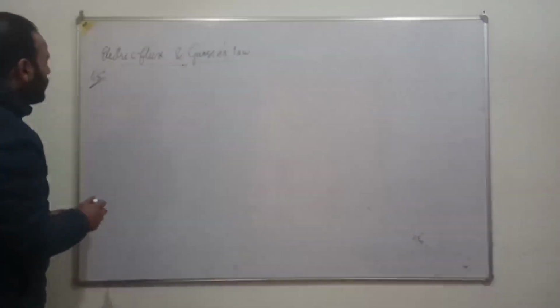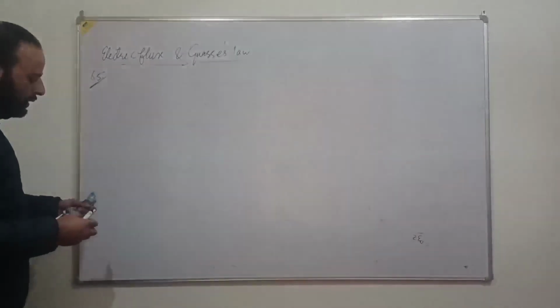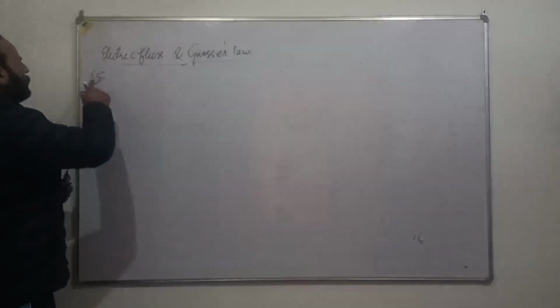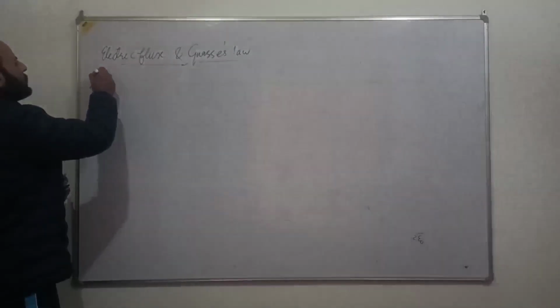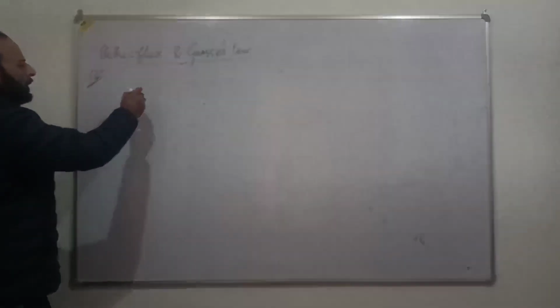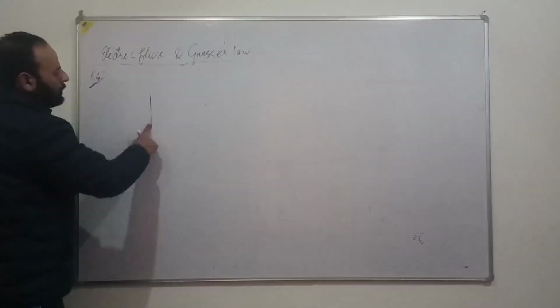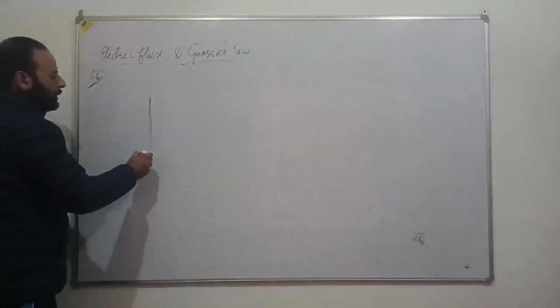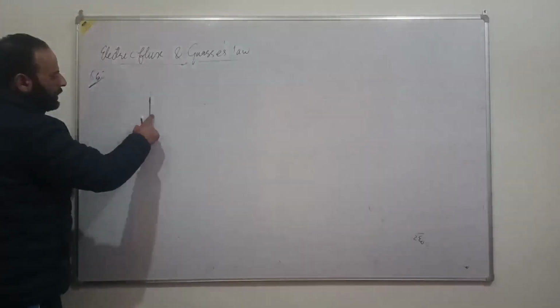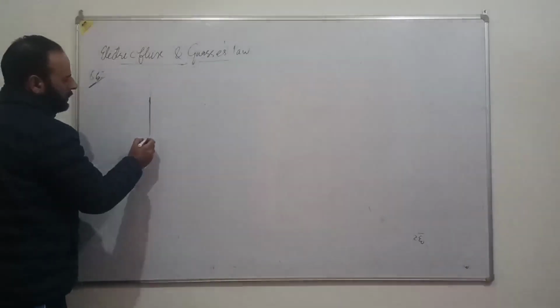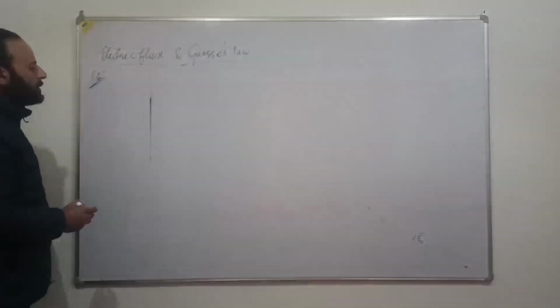We have to calculate the flux due to this line charge through the wire frame. So we have another question, question number 6. Here we have a line charge, a linear charge distribution, which is infinite, extending both sides.